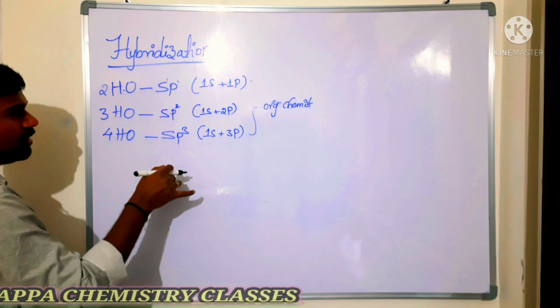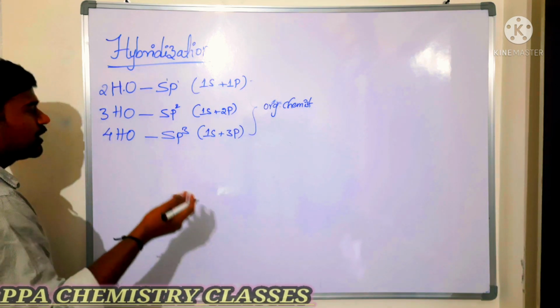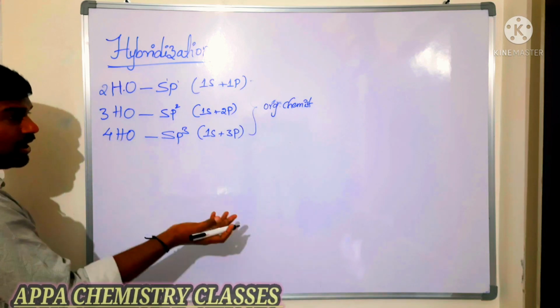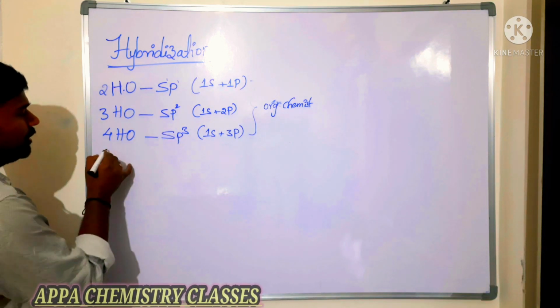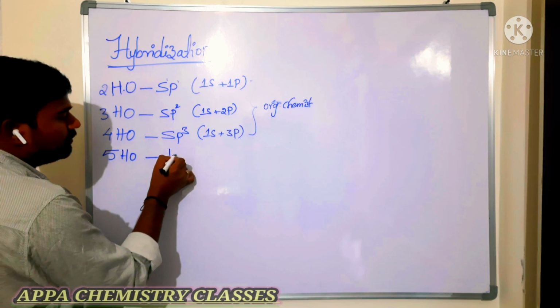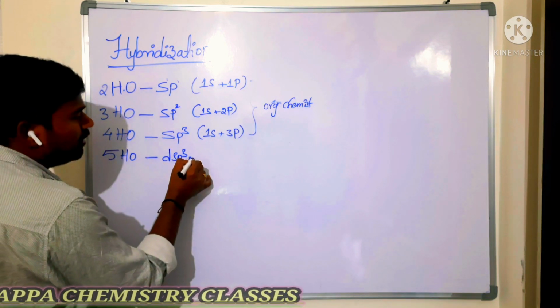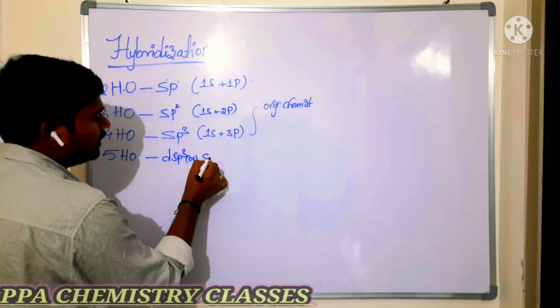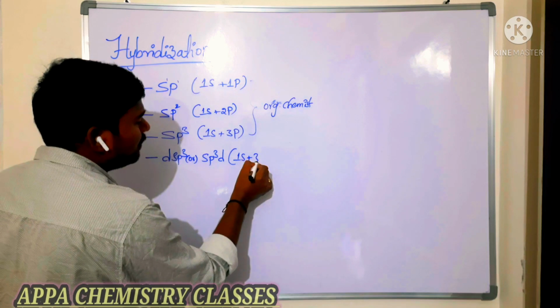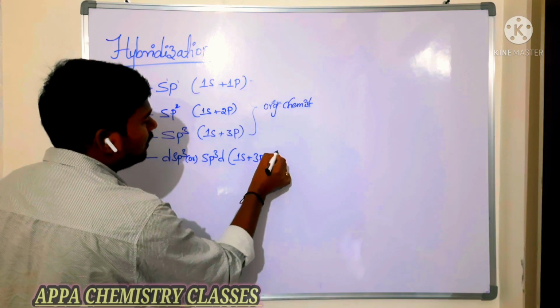Now in inorganic compounds, d orbitals are available in different elements, and if a d orbital is available, it also participates in hybridization. If we have 5 hybrid orbitals, there may be dsp3 or sp3d hybridization, in which one s orbital, 3 p orbitals and 1 d orbital are involved.